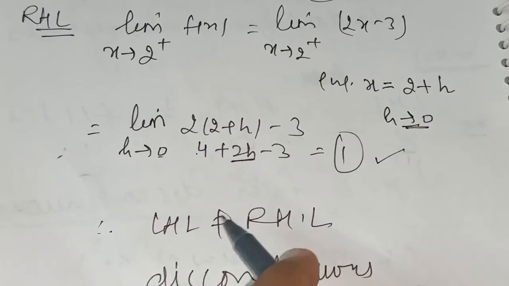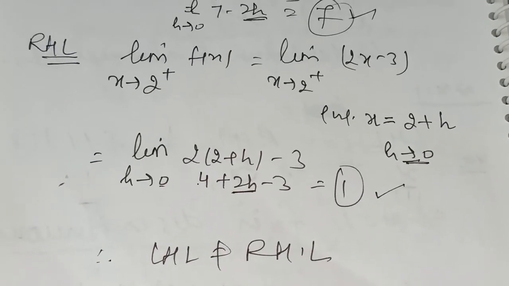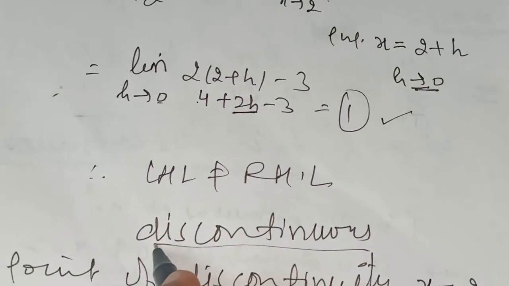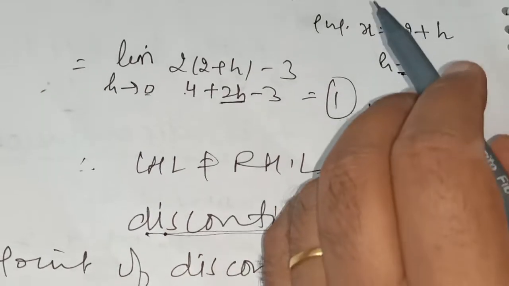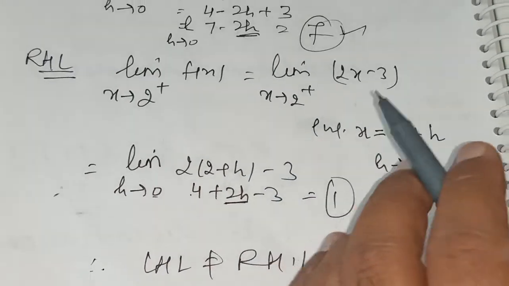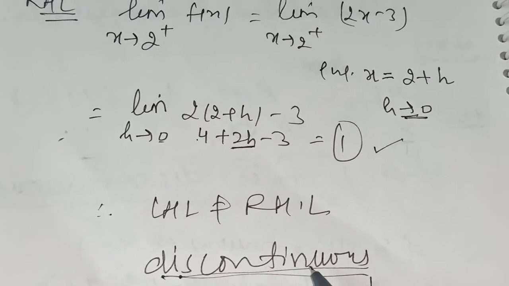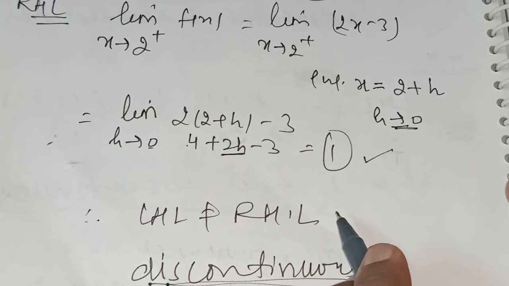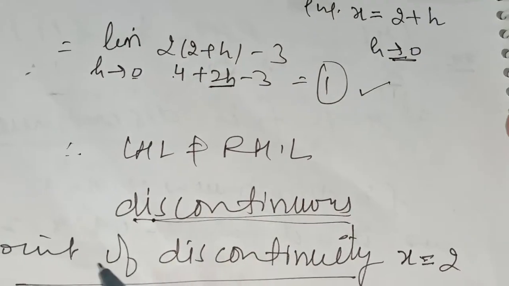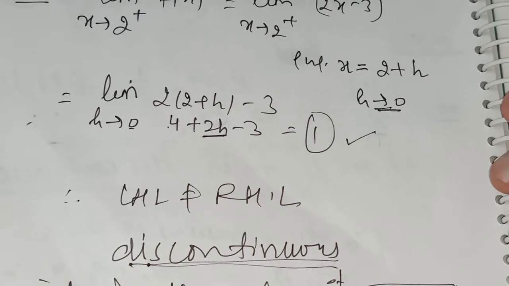Therefore LHL is not equal to RHL, and whenever LHL is not equal to RHL, the function is discontinuous. And what is the point of discontinuity? We have already studied it in the theory part. The limit point at which the function is discontinuous is known as the point of discontinuity. So in this question, the point of discontinuity is x equal to 2.